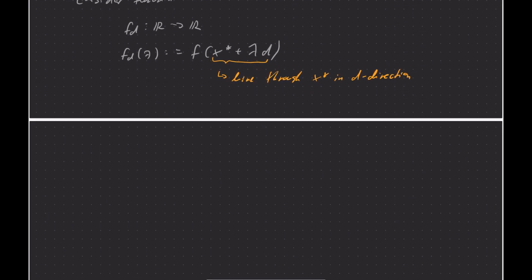In particular, of course, we can use the coordinate axes as directions. So we can move in x1 direction, in x2 direction, x3 direction, and so on, depending on how many coordinates we have. And we call the functions that we create this way partial functions.